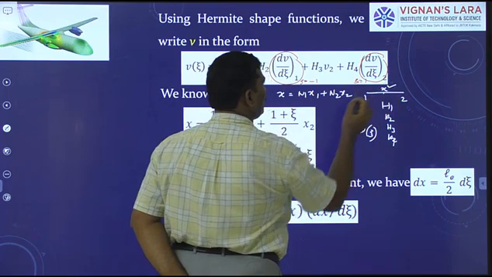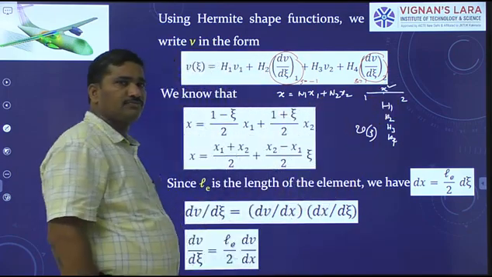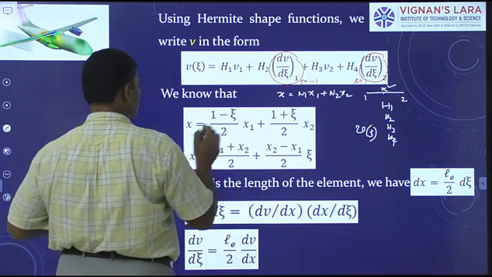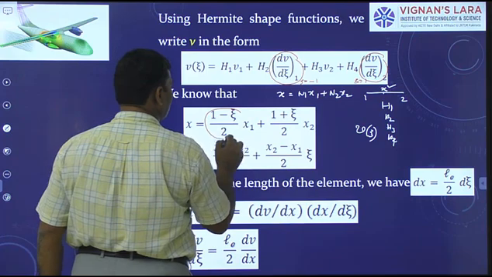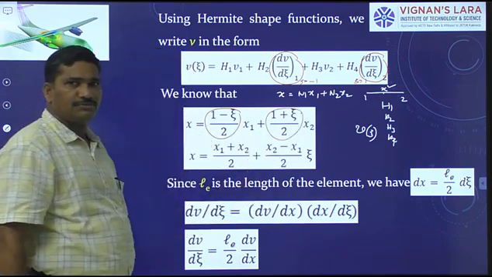Therefore, x equals N1 x1 plus N2 x2. What is N1? N1 is 1 minus J by 2. And what is N2? 1 plus J by 2.